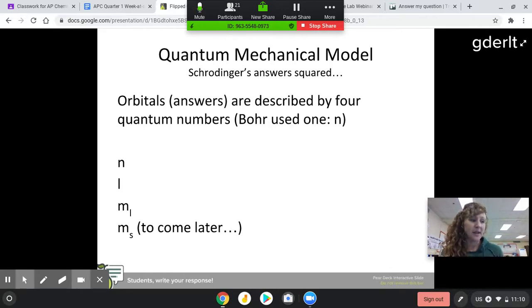It sets us up to understand bonding, intermolecular forces, and interactions between atoms and molecules. If we understand where the electrons are, we can understand all of these things: bonding, intermolecular forces, attraction, repulsion between molecules and atoms.